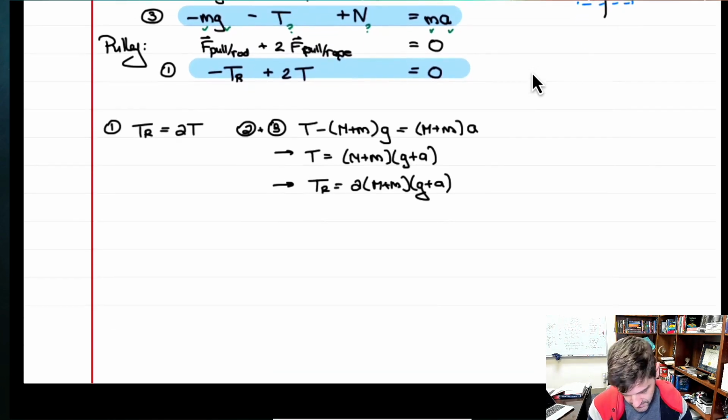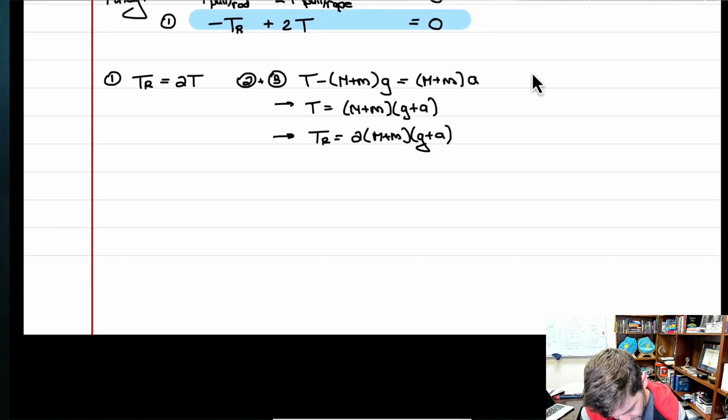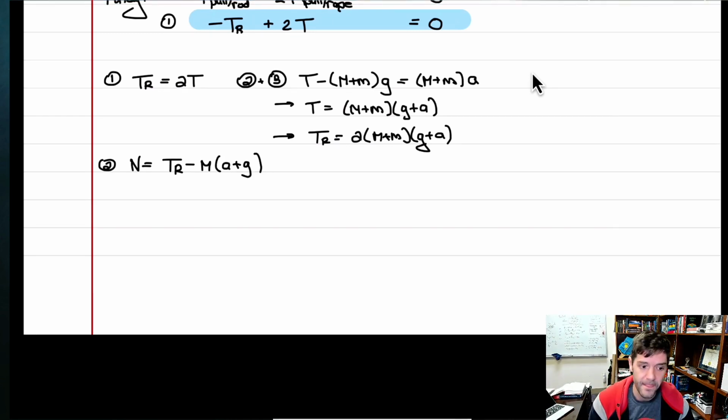n. So I might then say that from equation 2, I can say that the normal component then looks like it's going to be the tension in the rod minus the big mass times a plus g, with a little rearranging.